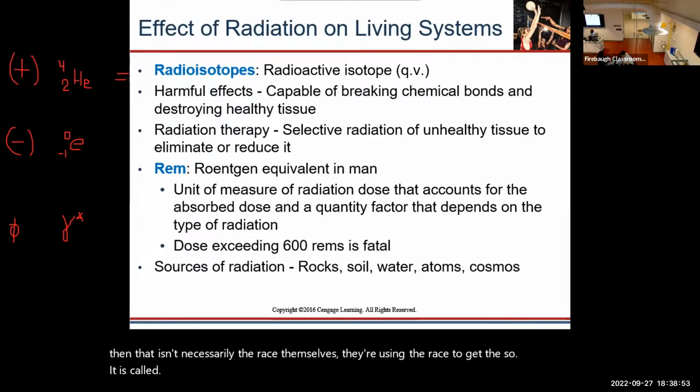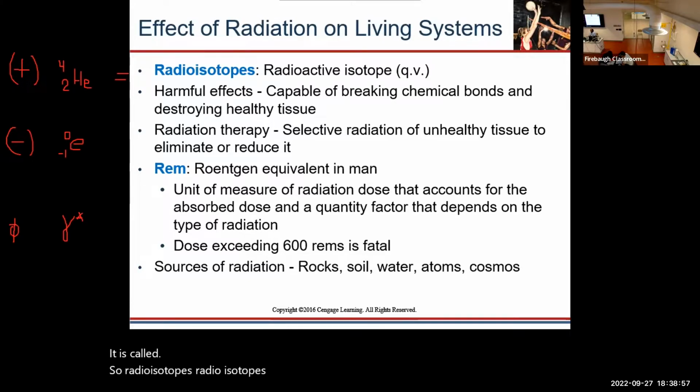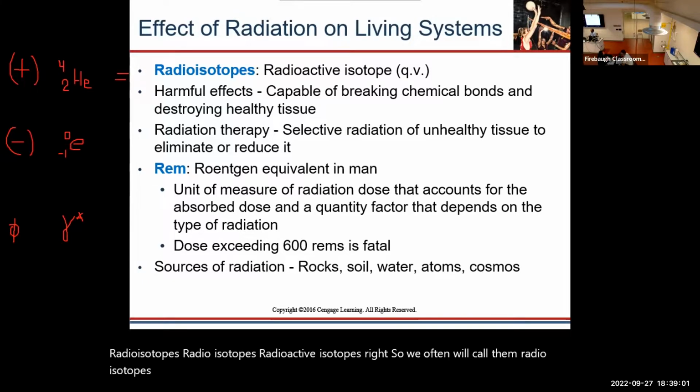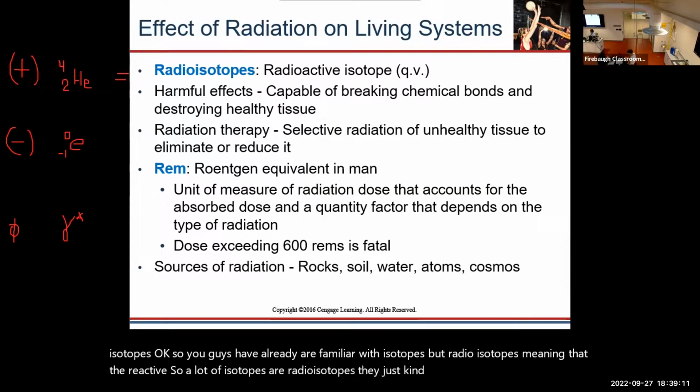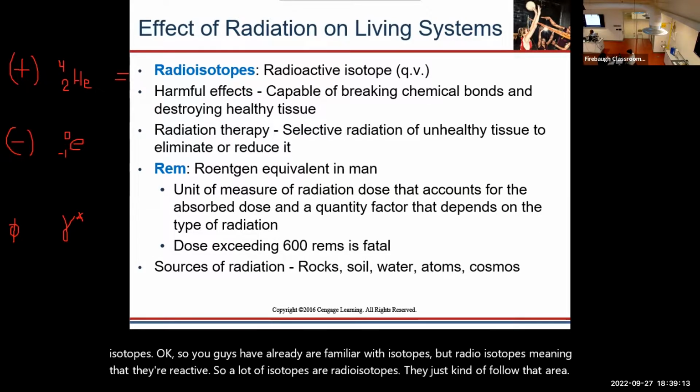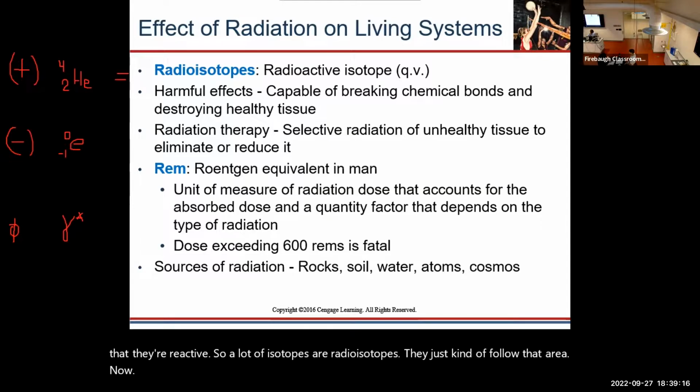So radioisotopes. We often call them radioisotopes. You guys are familiar with isotopes, but radioisotopes are a lot of isotopes that are radioactive. Now, for us, there are a lot of harmful effects that happen.